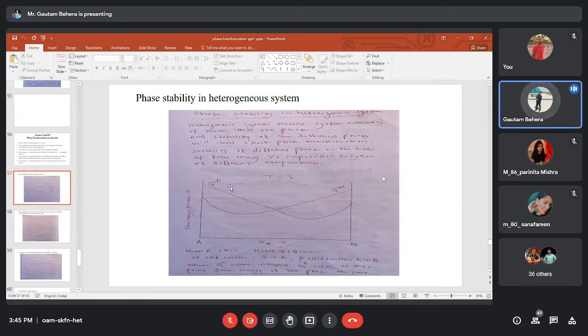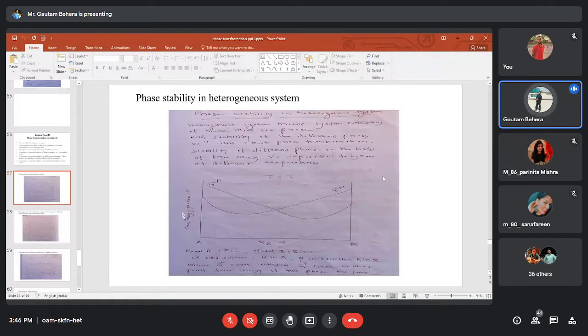so you can see this is again a free energy per mole versus composition diagram, right? We have pure component A here, we have pure component B, and we have drawn free energy per mole versus composition curve for two phases or two solid solutions. One is alpha, one is beta, right?